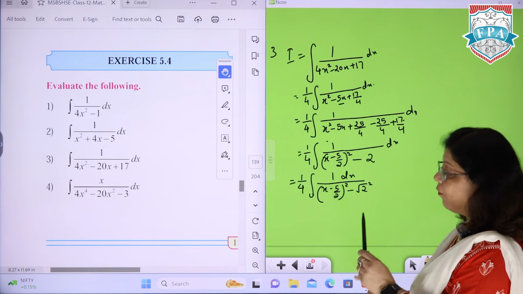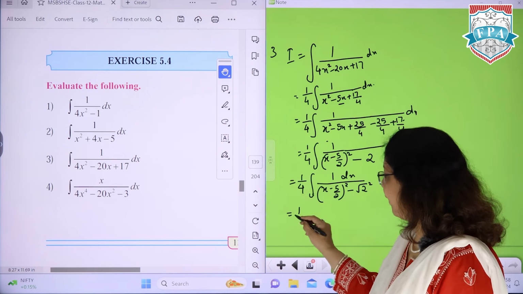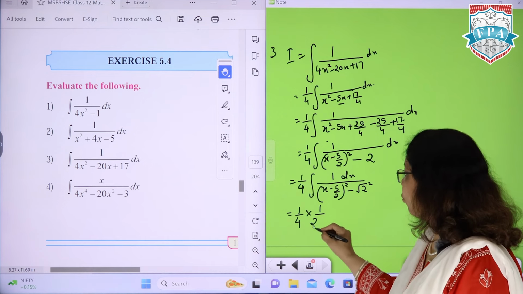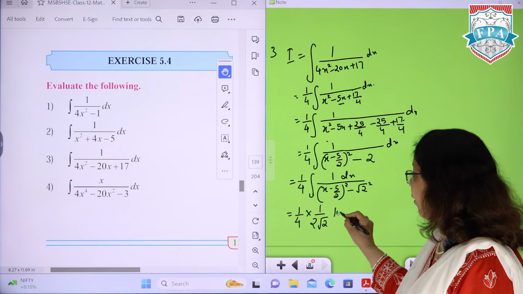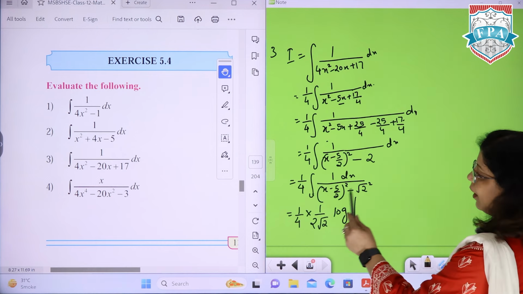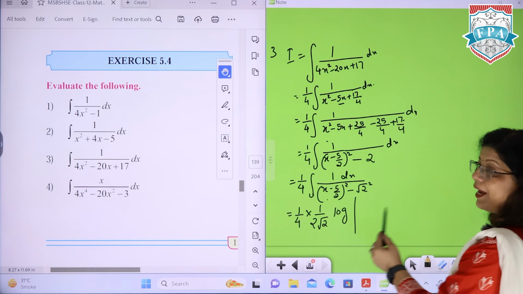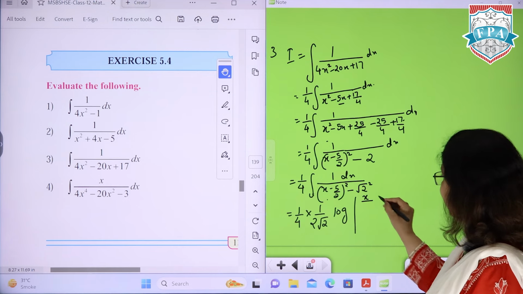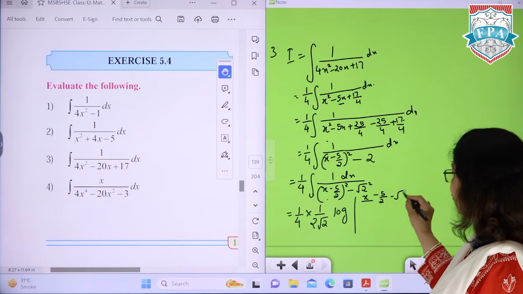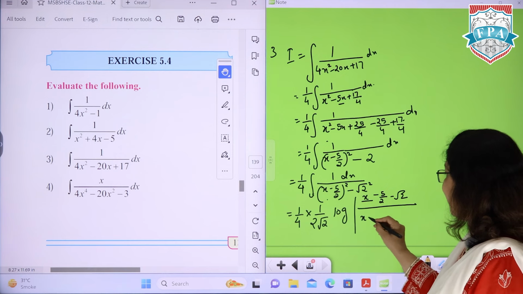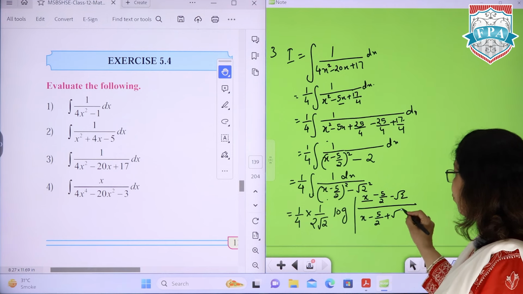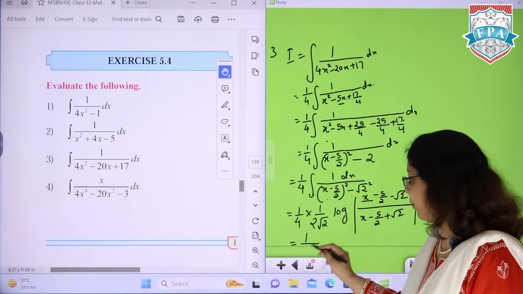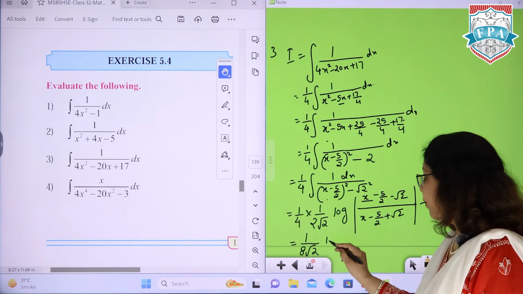Now this is the question of the given format. Now we are directly applying the formula. This 1/4 is in front, the formula states 1 upon 2a, so 2a is √2 log x minus a upon x plus a. So x minus a is going to be x minus 5/2 minus √2 whole divided by x minus 5/2 plus √2 plus c, and in the final answer you'll be writing 1/8 √2 log.